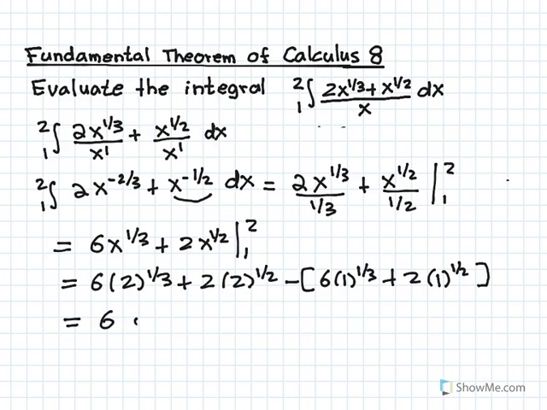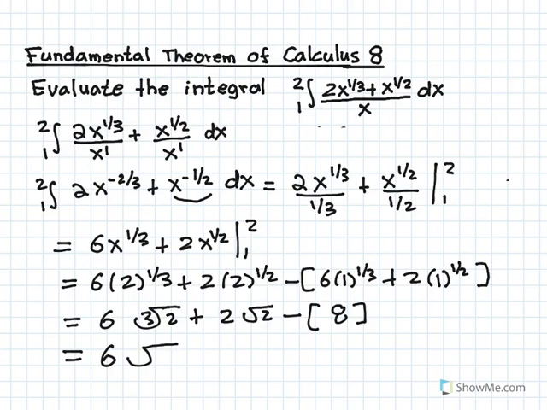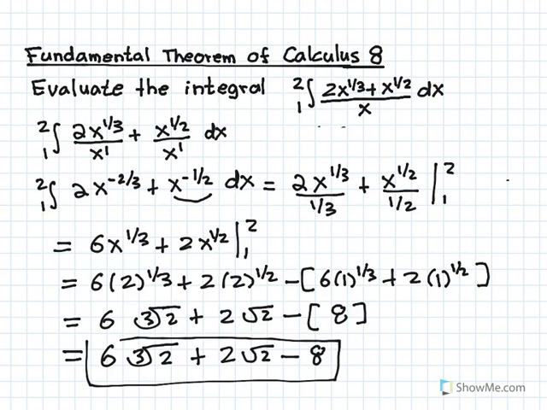Simplifying further, we get 6 times the cube root of 2 plus 2 root 2, minus, and here we get 6 plus 2, that's just 8. The answer is 6 times the cube root of 2 plus 2 root 2 minus 8. This is the value of the definite integral.